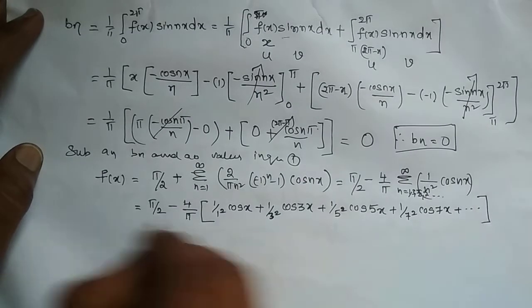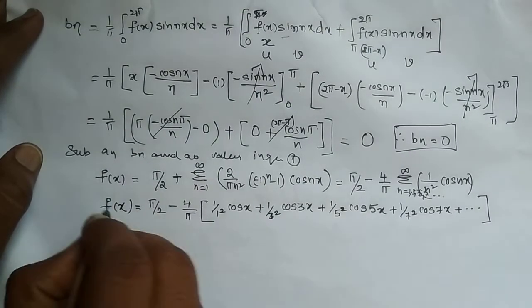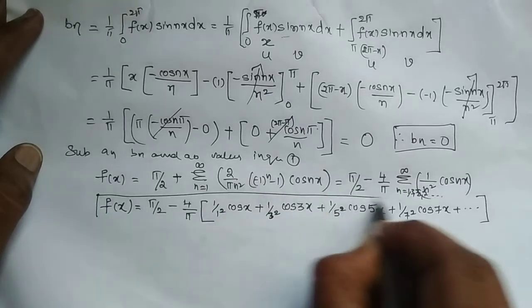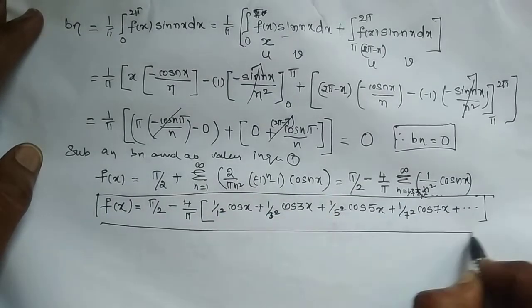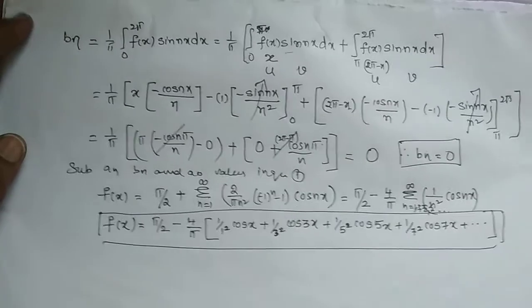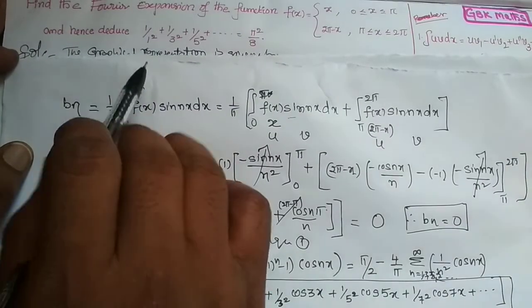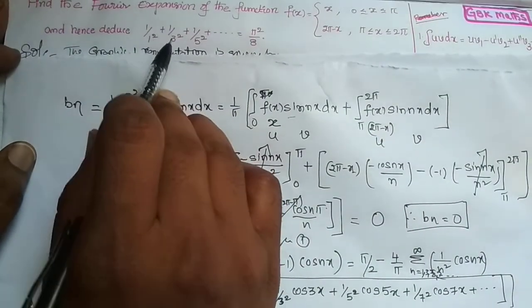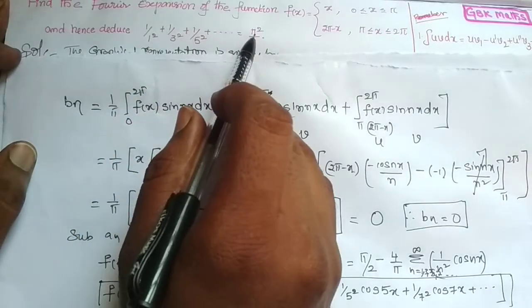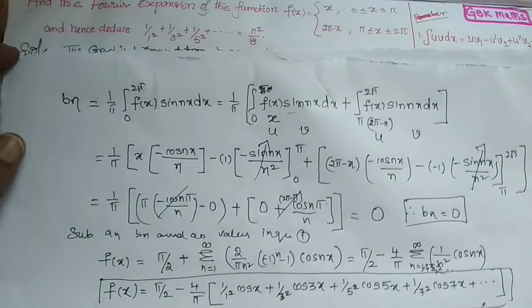This is the expansion of f of x. But our deduction is that we have to prove this one: 1 by 1 square plus 1 by 3 square plus 1 by 5 square plus and so on is equal to pi square by 8.